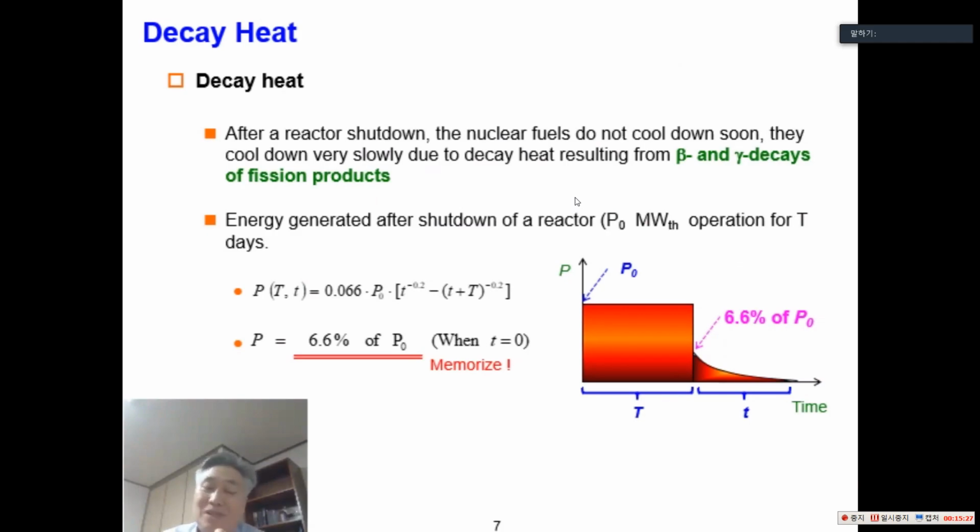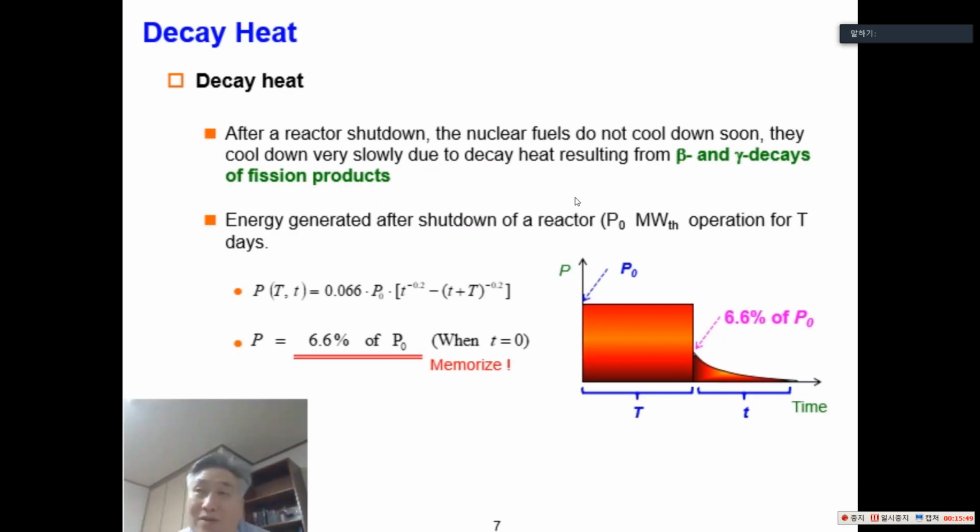And 6.6% is a very large number because nuclear reactor power is very large. So, for example, we have a 1,000 megawatt nuclear power plant. Normally, 1,000 megawatt nuclear power plant.